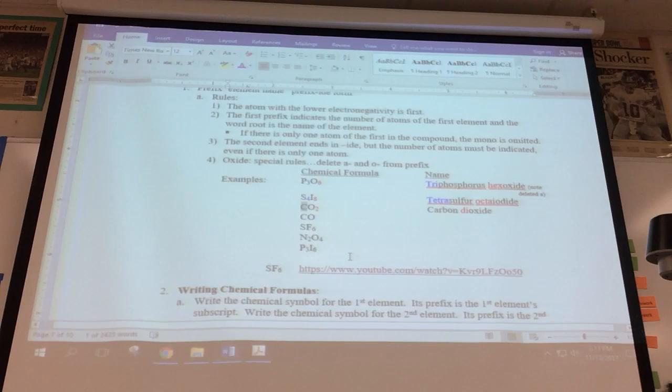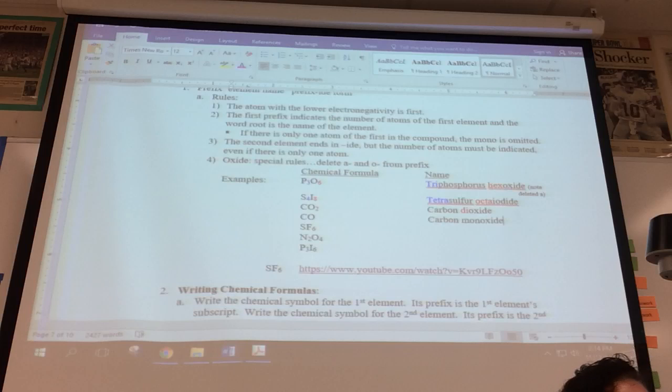So if you only have one of the first, you omit the first mono. But in the second one, what's CO? Carbon. Here you need mono. Delete the O. Oxide, carbon monoxide, that clear colorless gas that can kill.